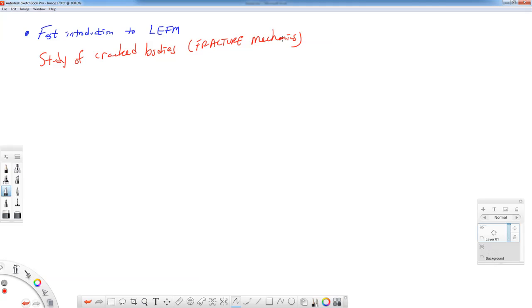But we need to talk about what a crack is and what it does for us. In continuum mechanics, which theory of elasticity is based on, we don't really like to talk about separation of bodies. Fracture mechanics relaxes some of those tenets of continuum mechanics.